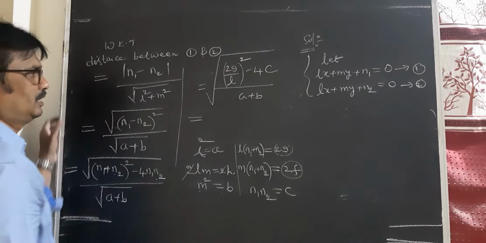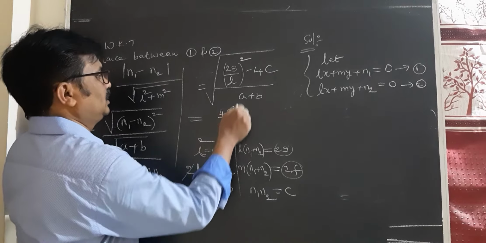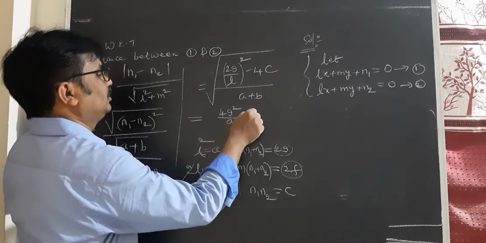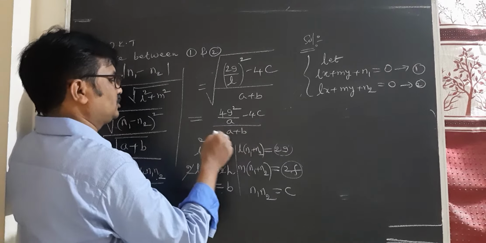My dear students, this is 4 g square by L square, where L square is small a, minus 4c upon a plus b.